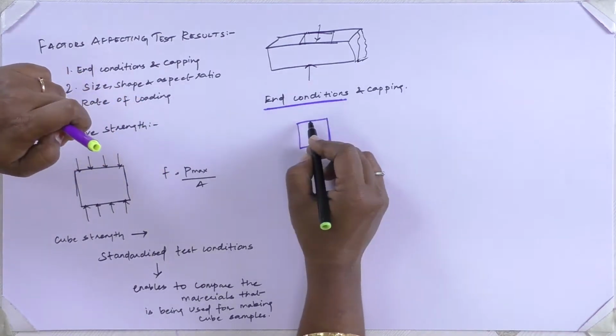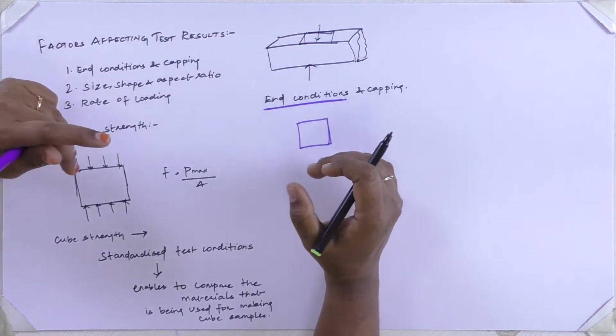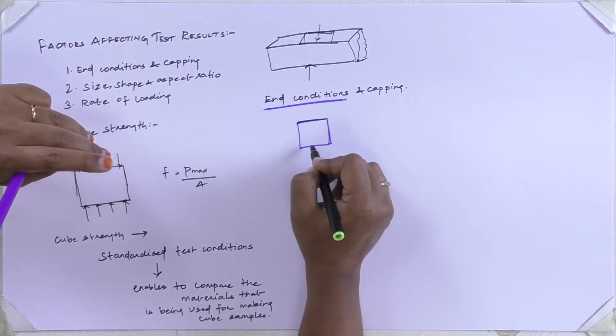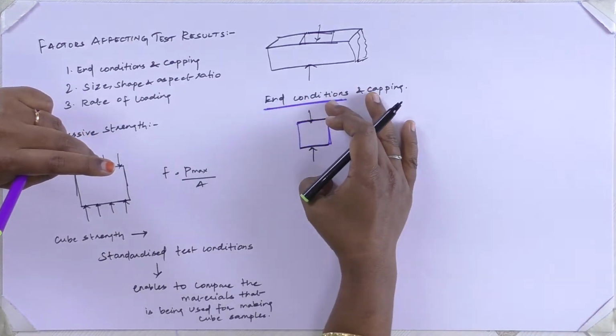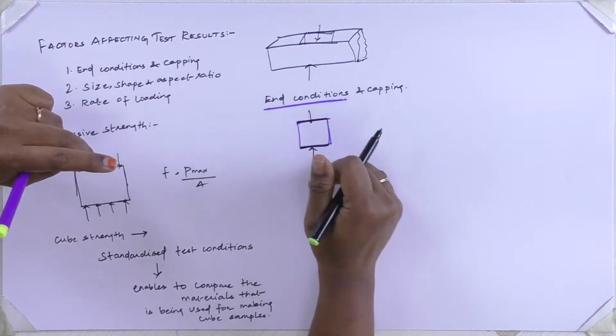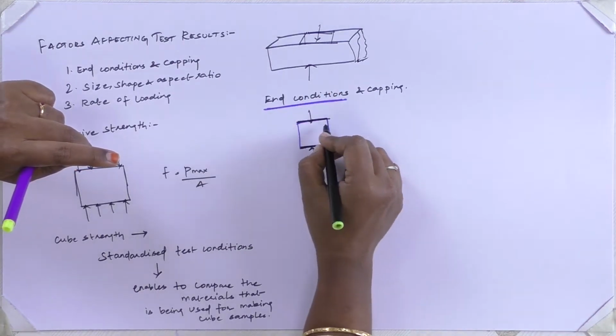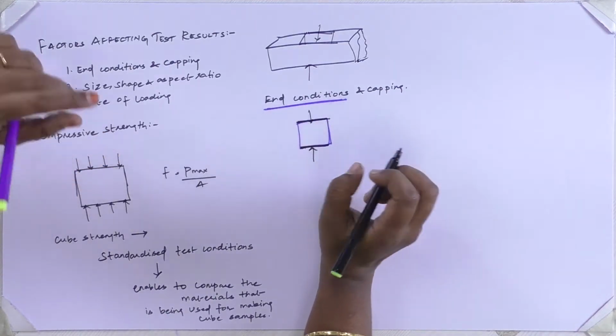So this end condition is nothing but the cube portion which I am testing, the place where the plates will come into contact. So that surface should be plain. There should not be any undulations. So that is the end condition.